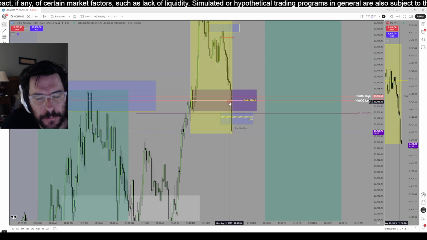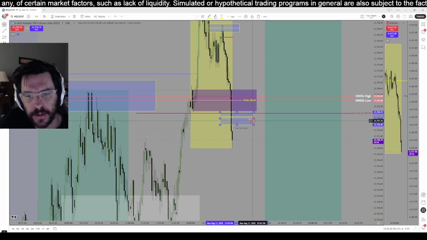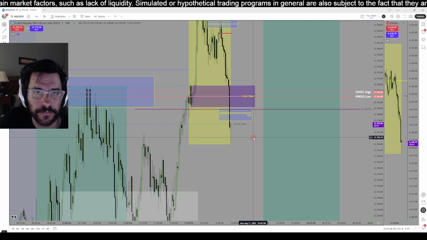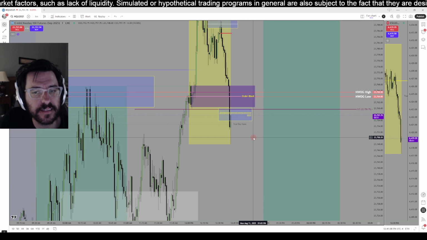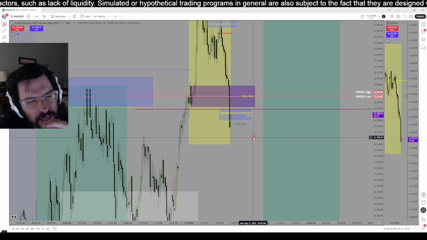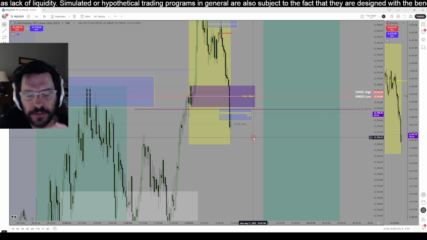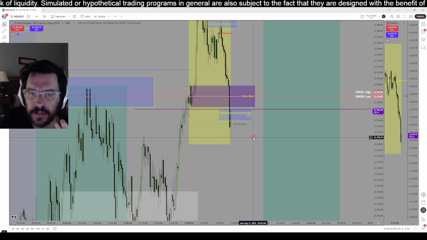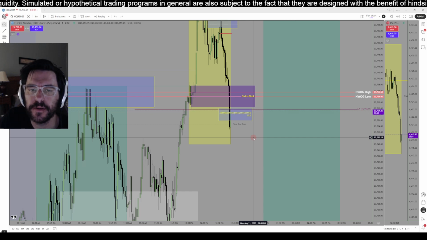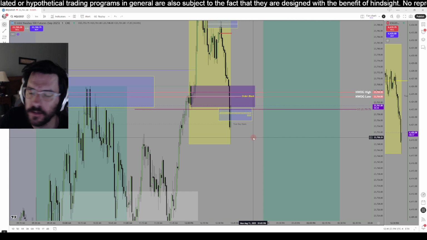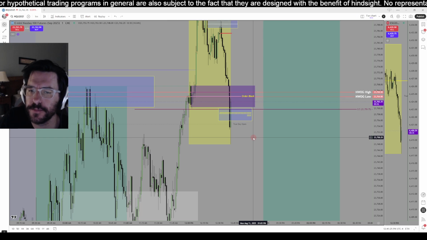Remember that black candle I was talking to you guys about? That's what I want to see stay open. I want to see that stay open. It can come back a little bit. I'm still going to treat it as a big measuring gap, but I want to see the majority of it left open. Even if it fills in, I want to see the majority of it left open.